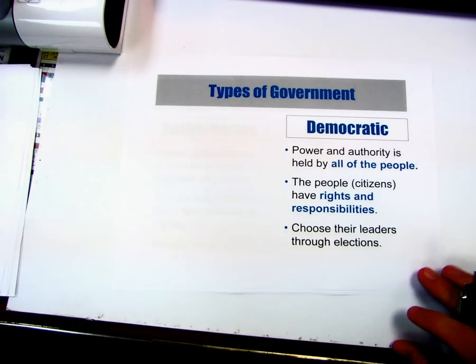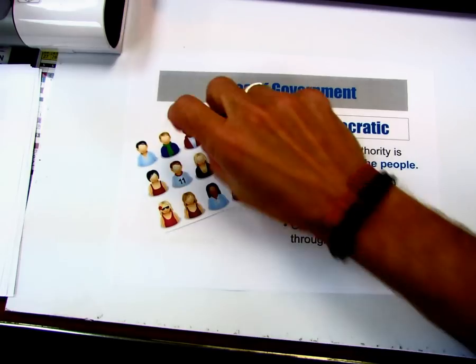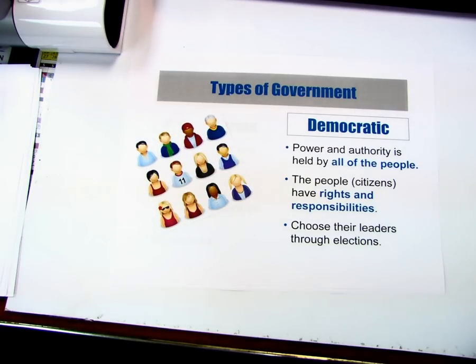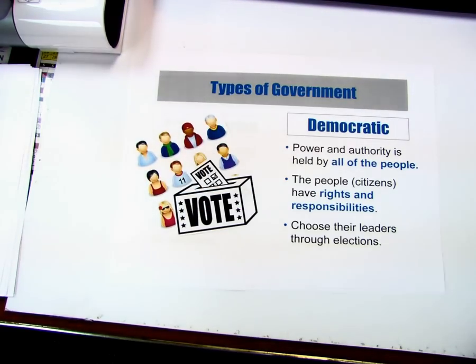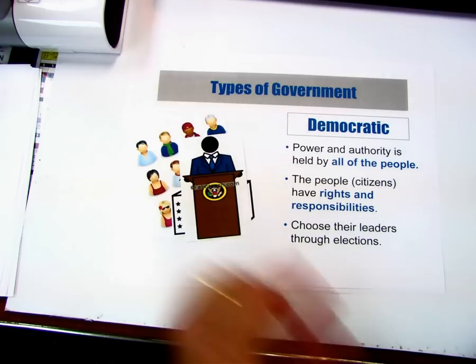So what's the difference between these two types? Who has the power? In democratic governments, the power and the authority is held by all of the people. There are elections, and the people do choose their leaders. The people, the average citizens, have rights as well as responsibilities, and one of them is to vote and elect their leaders.